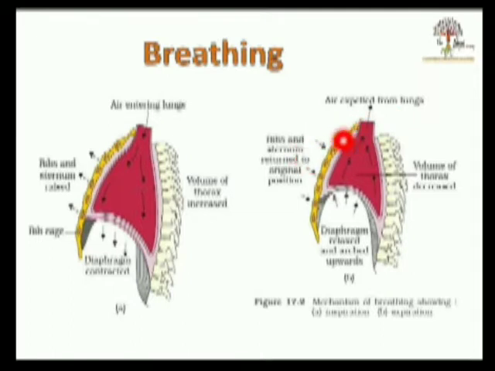The external intercostal muscles contract, and then the lung volume increases further, and that's why extra air enters into the lung and the extra inhalation occurs. And in case of extra exhalation, the internal intercostal muscles contract, and then the lung volume decreases in the extreme condition, and then the extra air goes out from the lung.